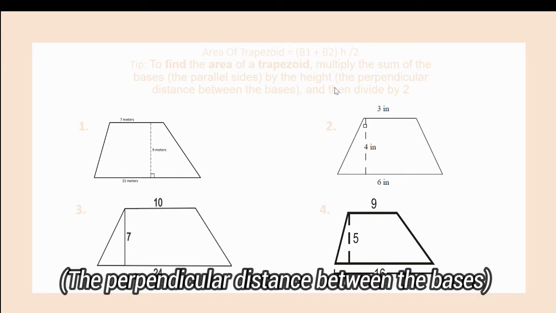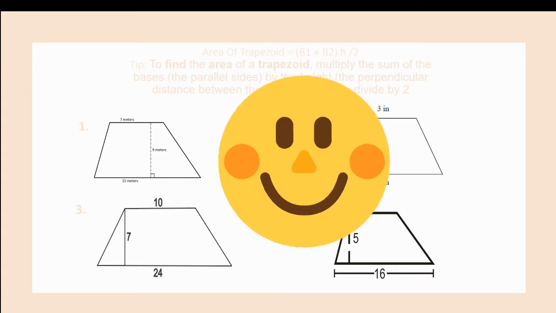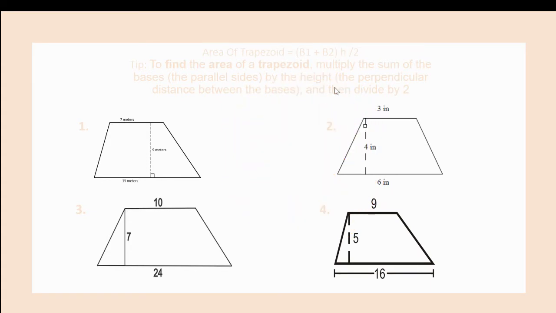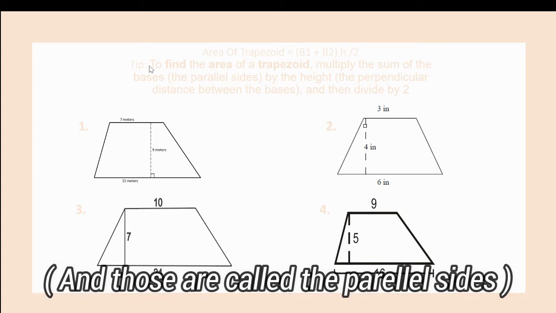Maybe some of you don't really understand this, so I'm going to explain it. First, you have to find the area of the trapezoid. Second, you have to find the sum of the bases, which are the 7 here and the 15, and those are called the parallel sides.